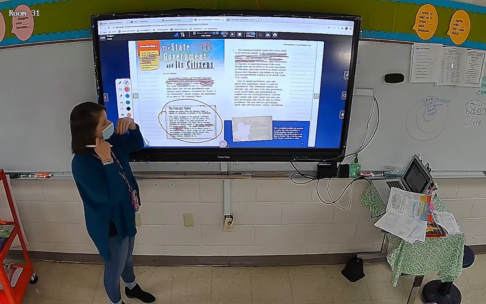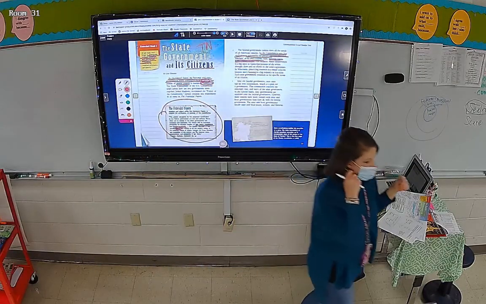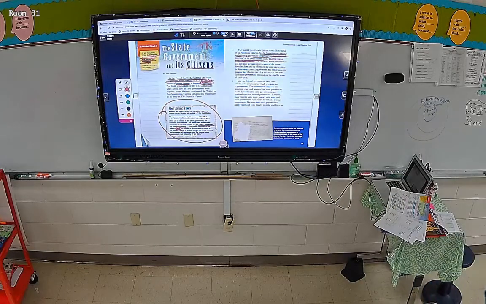Okay? All right, let's look at paragraph 3. Read paragraph 3 for us, Layla. Like the federal government, each state has its own constitution, which is the plan for the government. The Constitution explains the structure, role, and work of the state government. In the United States, state governments are modeled after the federal government.